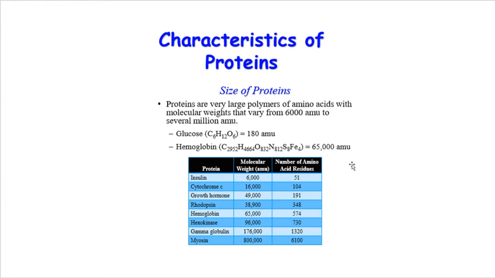Then, as you can see, proteins are macromolecules, bigger than any other one that we have studied before. You have here for insulin that the molecular weight is 6,000, and for example, for gamma globulin is 176,000. Myosin is 100,000.